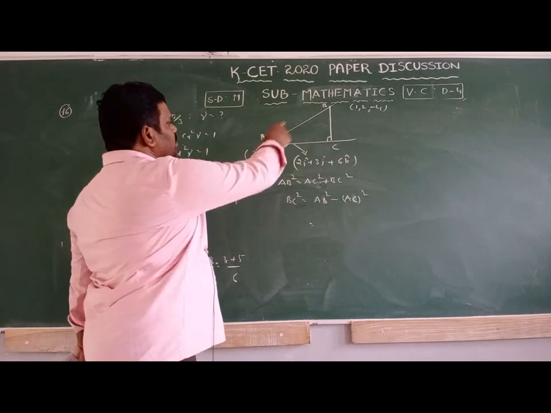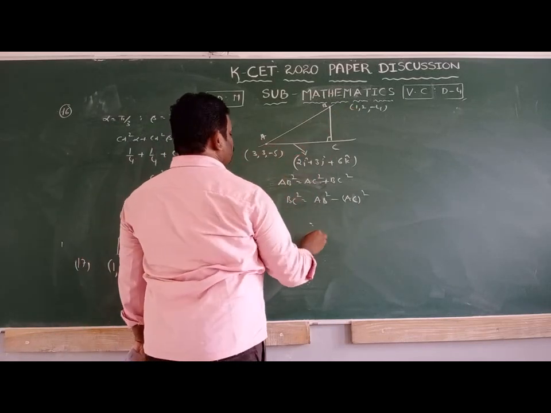AB is the distance between these two points, 1 minus 3, minus 2, minus 2, that means 4.